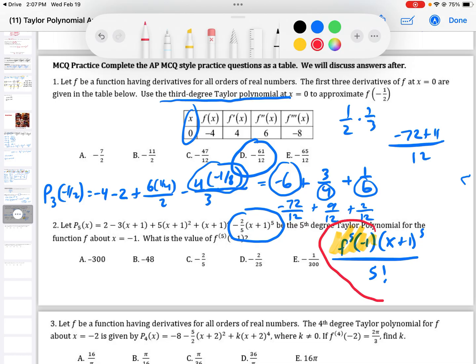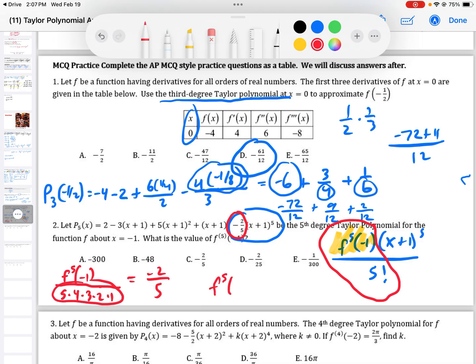Well, all of this part is equal to -2/5. So I'm going to say the fifth derivative evaluated at -1 over 5 factorial, 5 times 4 times 3 times 2 times 1, is equal to -2 over 5.